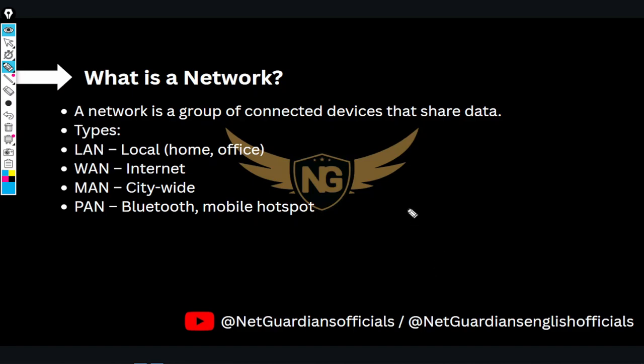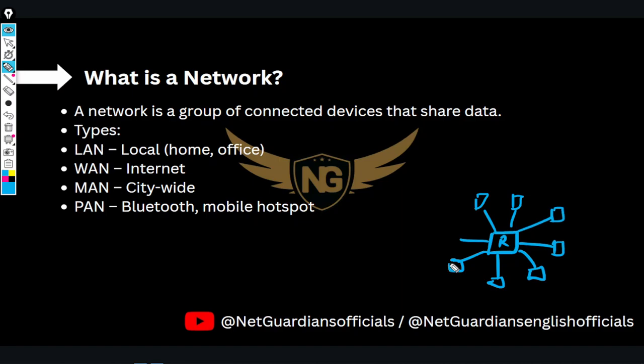See how we create networks. First, suppose in my area I have one router. From my router many devices are connected, like my phone, my family members' phones, my PC, my smart TV, my tablet, and some other devices, and it's all working.